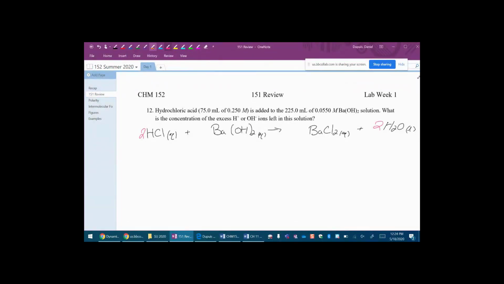And we have 75.0 milliliters, 0.250 molar, 225 milliliters, and 0.0550 molar. Okay. All right, so now we have to find the limiting reactant and then find the excess.